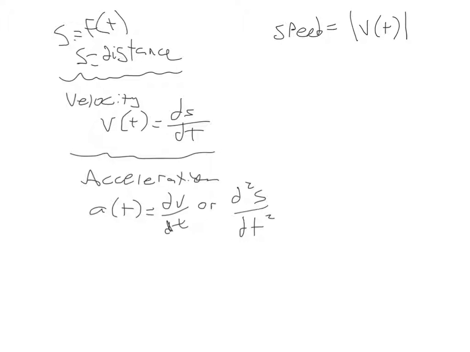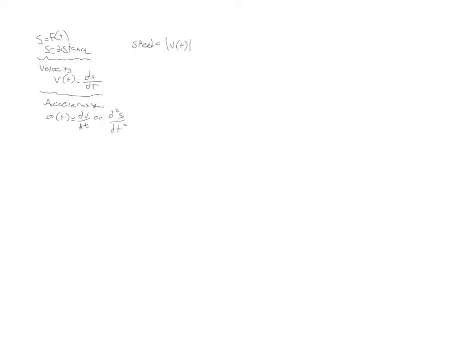If you know in a particular interval that the velocity is positive, then you can conclude that the particle is moving to the right.